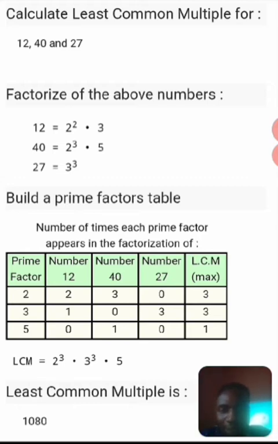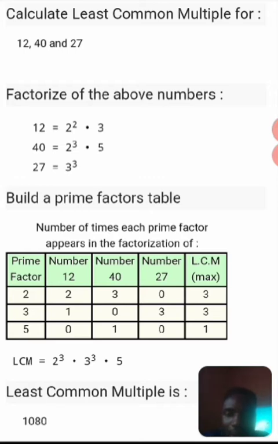That of 40 is greater than that of 12, okay. So we'll pick 2 raised to the power 3 times the next number, 3, which is just alone, so we'll pick 3 raised to the power 3 times 5.